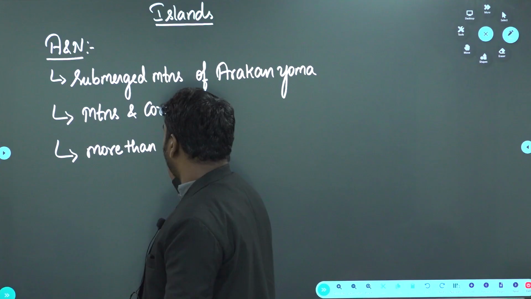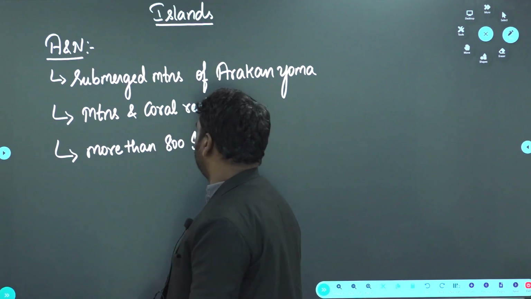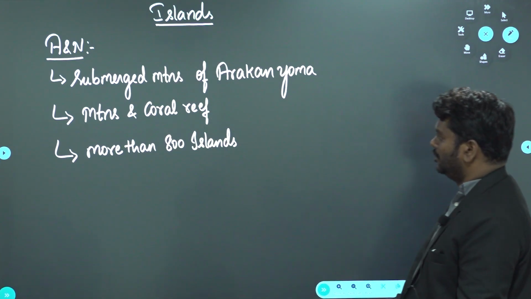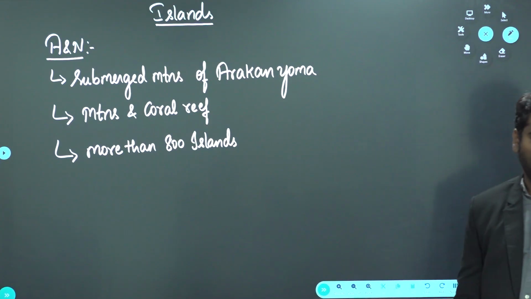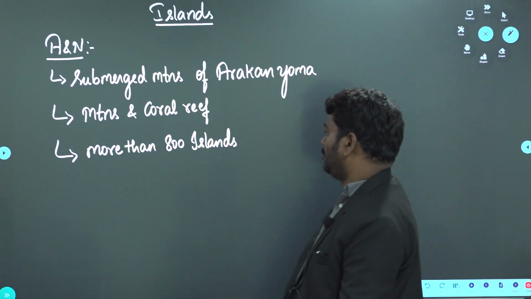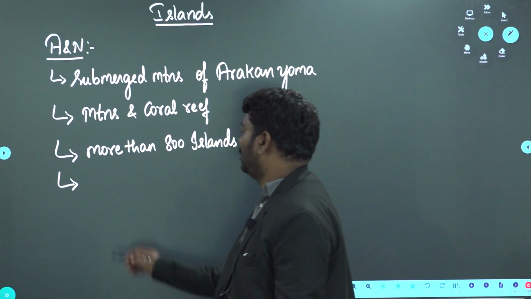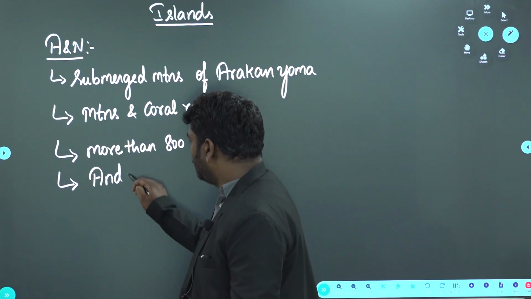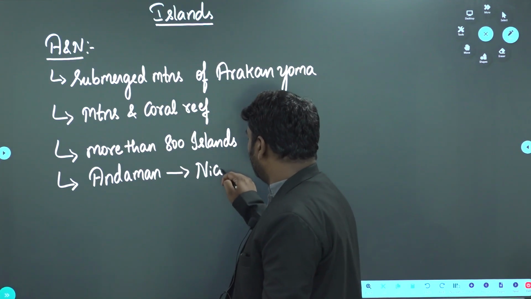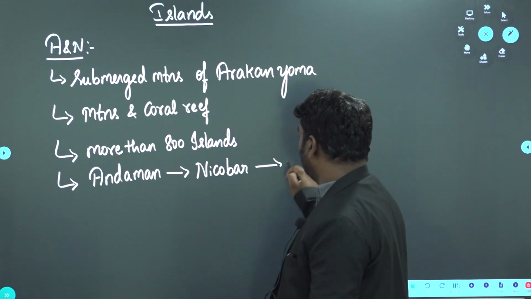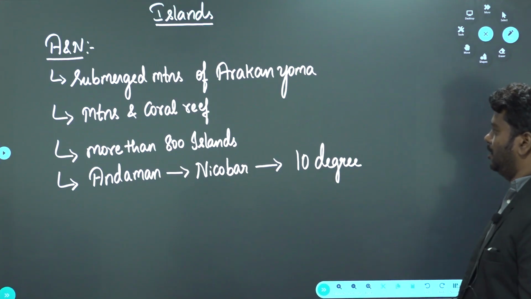More than 800 islands are there. Andaman and Nicobar are separated by the 10-degree channel.